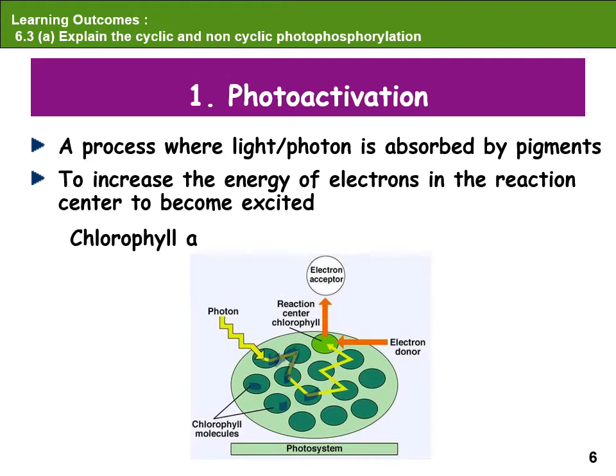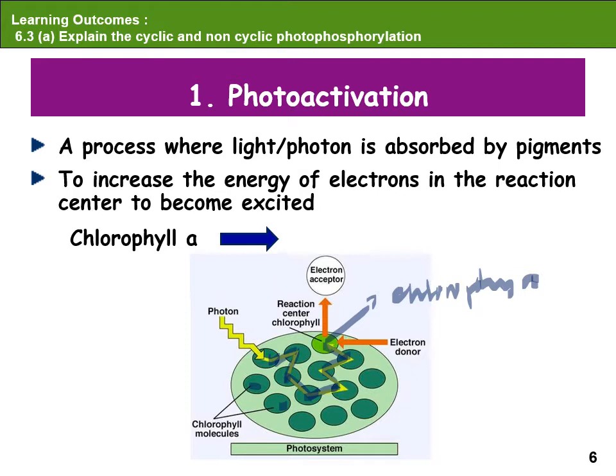Okay, to another pigment, until it reaches the reaction center chlorophyll. Okay, reaction center chlorophyll ni dia ada chlorophyll A. So this energy dia akan excite the electron in this reaction center.